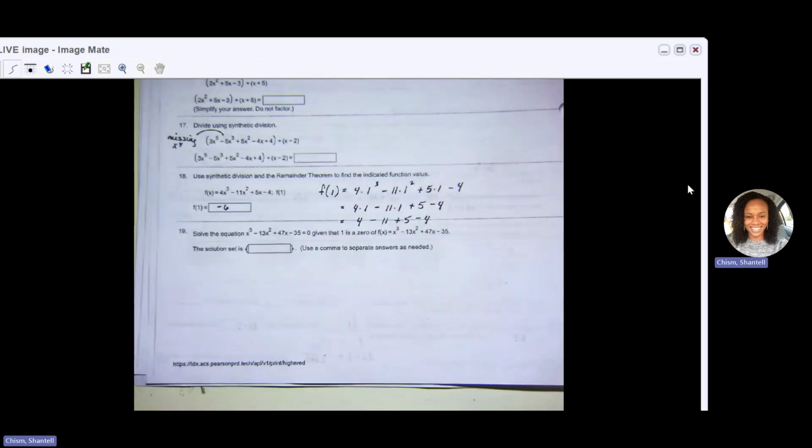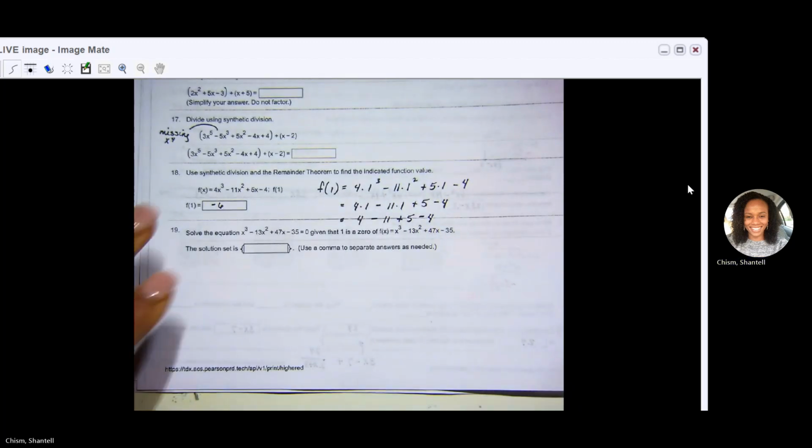I got some more paper. Yeah, here we go. And I'm going to move it. All right. So here is number 19. I'm going to zoom back in. Okay.